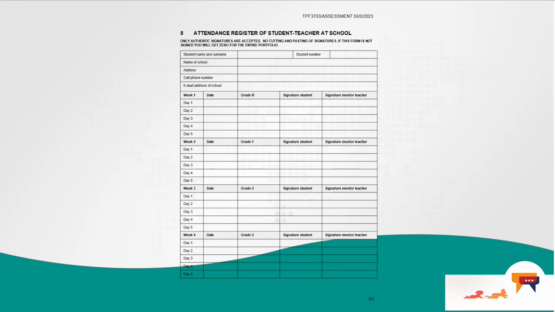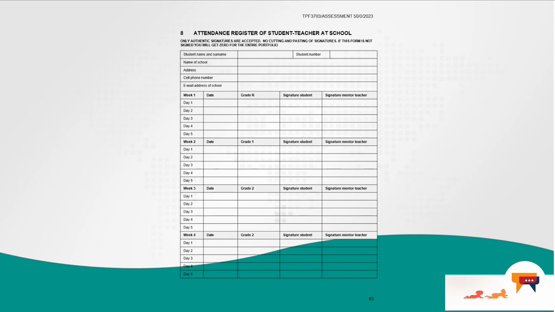Your portfolio 51 must have a full 5-week attendance register. Without it, you fail. Now listen, it says here, only authentic signatures are accepted. No cutting and pasting of signatures. If this form is not signed, you will get a 0 for the entire portfolio. By the way, getting a 0 means you fail.